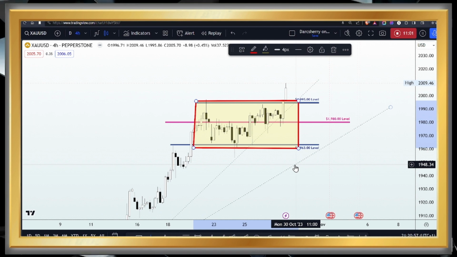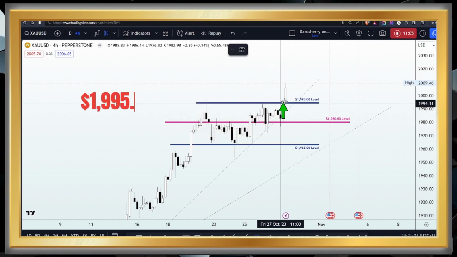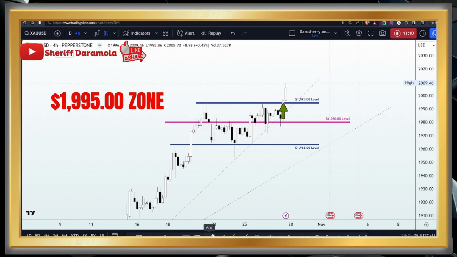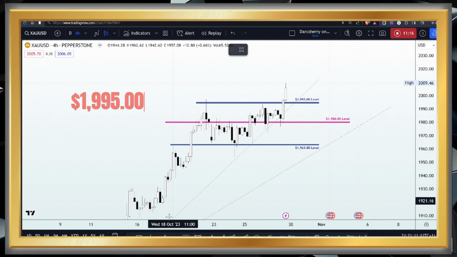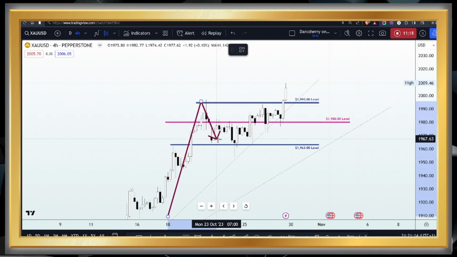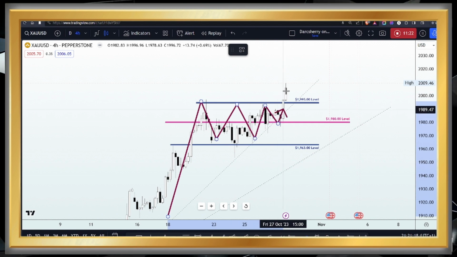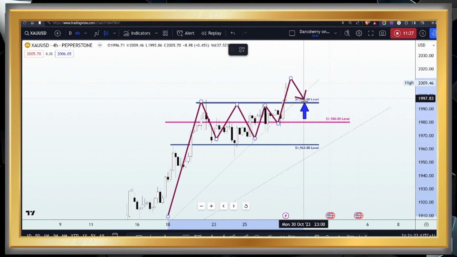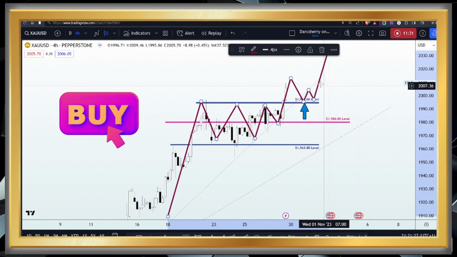Now, with the way things are going right now, we finally witnessed the breakout of the 1995 area to give us a potential uptrend continuation pattern after that impulsive move brought us into the structure we find right here. Now, since price remains above the 1995, I would like to see some retest of structure to further emphasize an uptrend continuation.